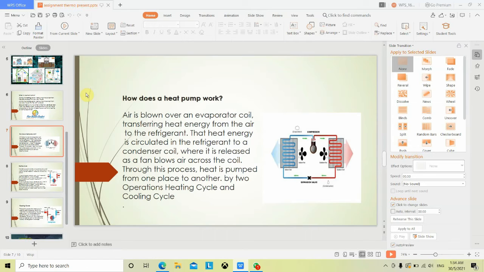A heat pump will become ineffective when the temperature is between 25 and 40 degrees Fahrenheit. Heat pumps do not operate as efficiently when temperatures drop to between 35 and 40 degrees Fahrenheit for most systems. Okay, that's all. Thank you.